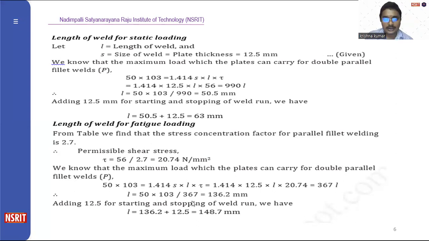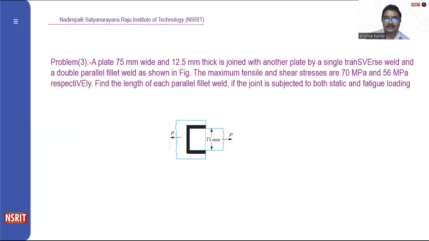Solving, the value of L is 136.2 mm. Adding 12.5 for starting and stopping of the weld run, we get 148.57 mm. Like this, we can calculate.